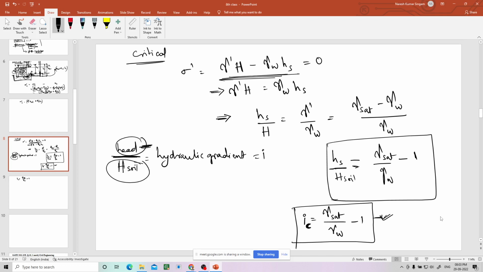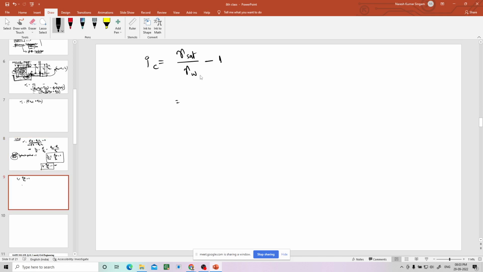Now see, we have derived ic. In the next slide I have written the same formula. You know the formula of gamma sat from your first lectures: G plus e Sr into gamma w by 1 plus e.